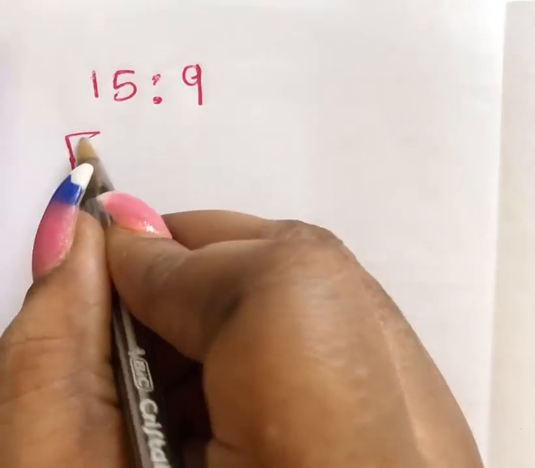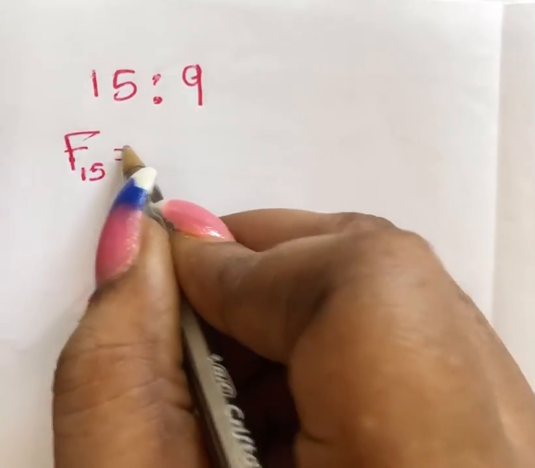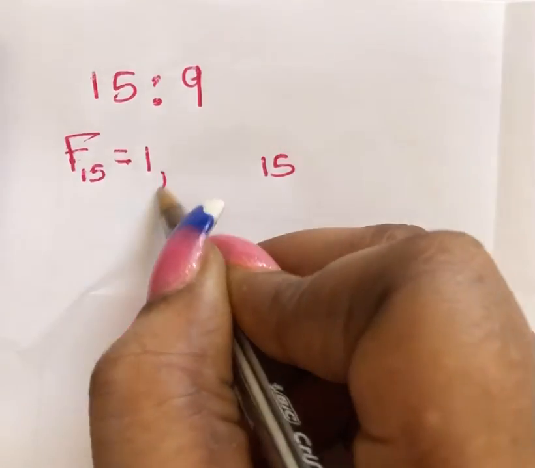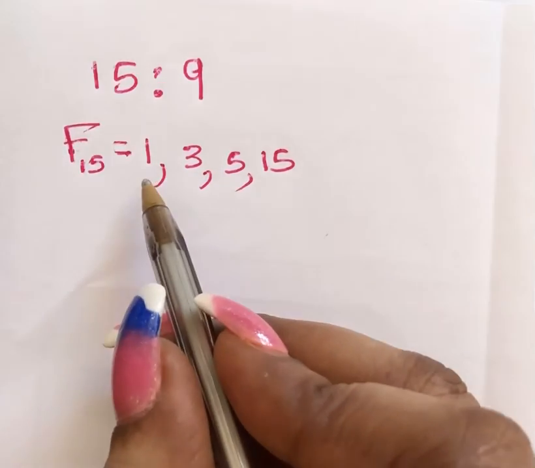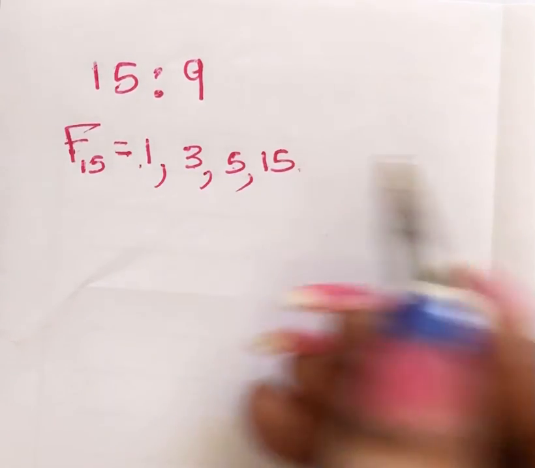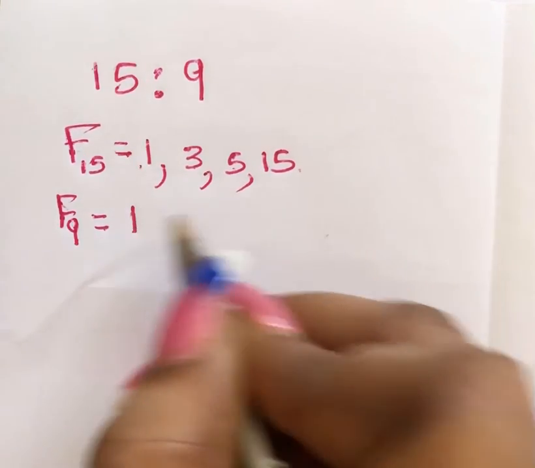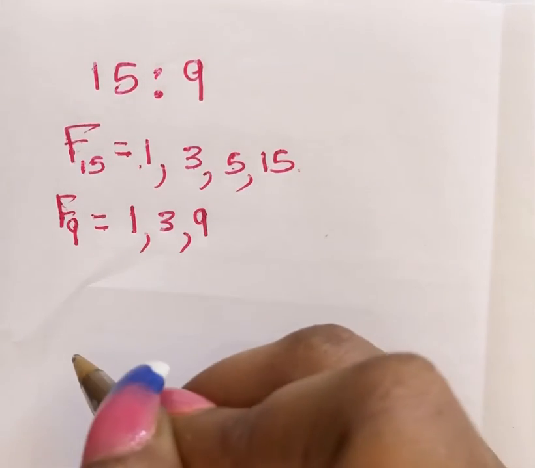So if I'm to write the factors of 15, I will write 1 by 15 and 3 by 5. So the factors of 15 are 1, 3, 5, and 15. My factors of 9 are 1 by 9 and 3 by itself.